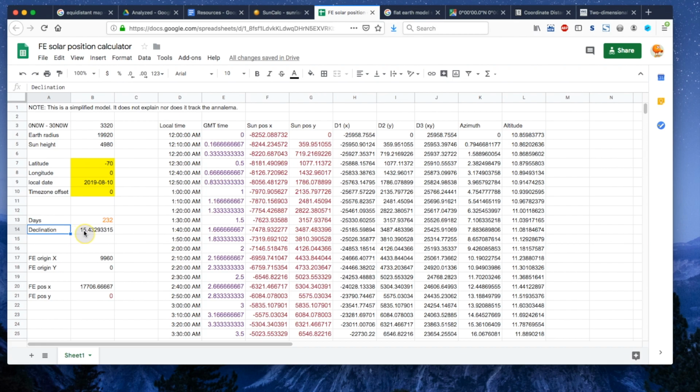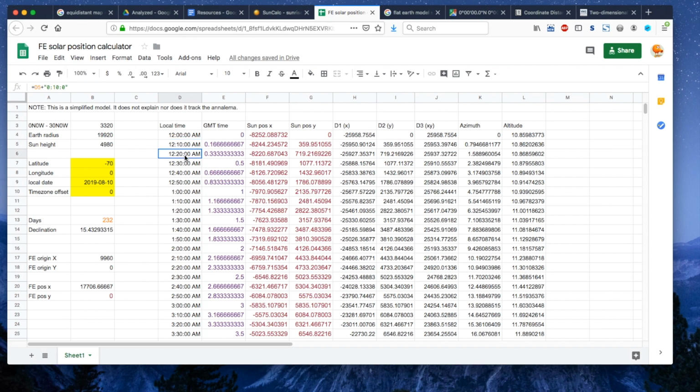But it changes from one extreme to the other, and this is the value for this particular day. This would be where the sun is on the equator at the 0 meridian on the equinox. These would be the observer's position on a Cartesian coordinate system.